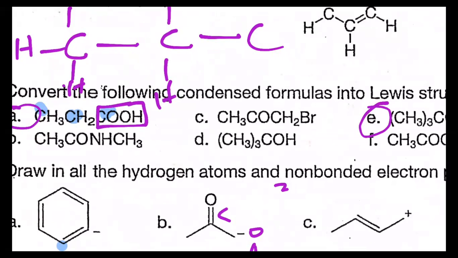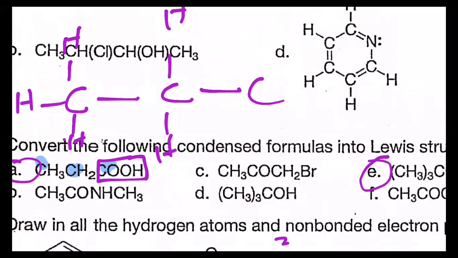Okay, so let's think about that. So one of the bonds is already taken up here. So that means that carbon has 3 bonds left. Is that right? Yes. So you got 3 bonds left, and you got 3 atoms left. But carbon can only make 4 bonds.